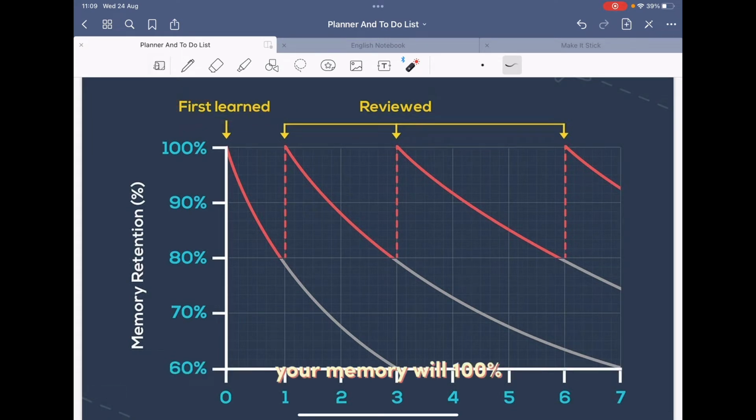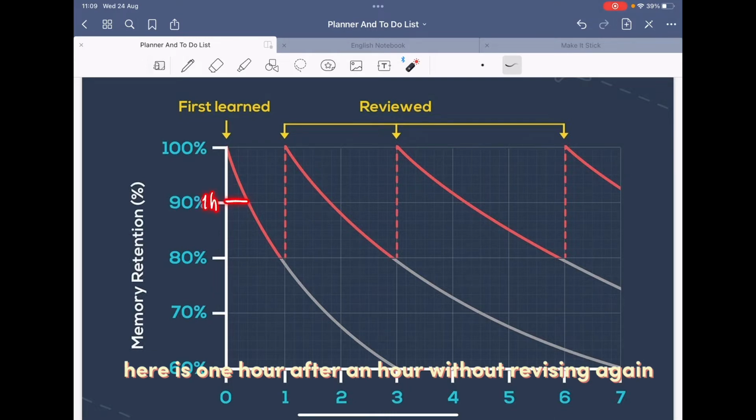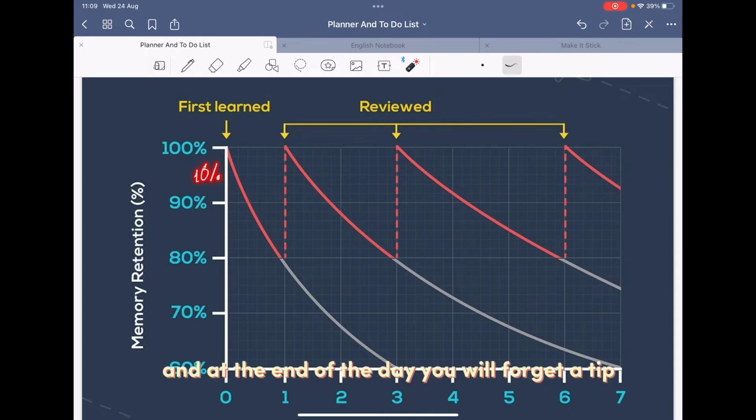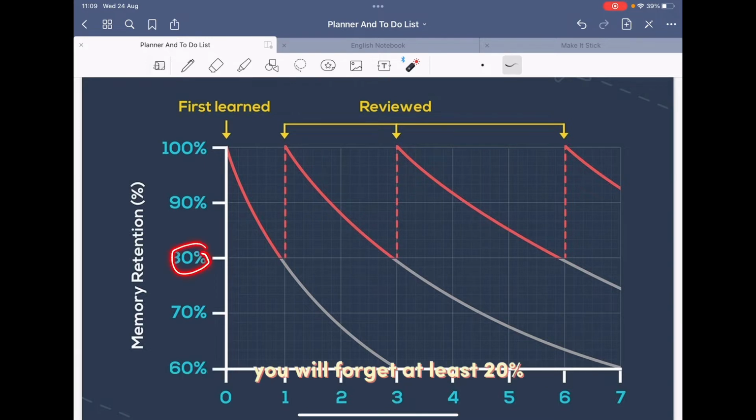Your memory will be 100%. For example, here is 1 hour. After an hour, without revising again, you will forget 10%. And at the end of the day, you will forget at least 20%.